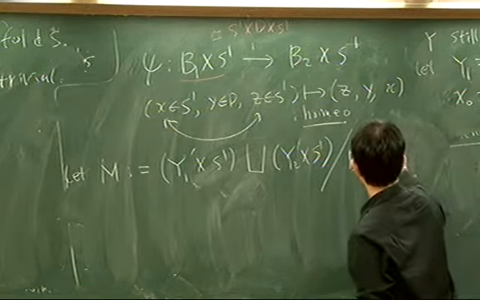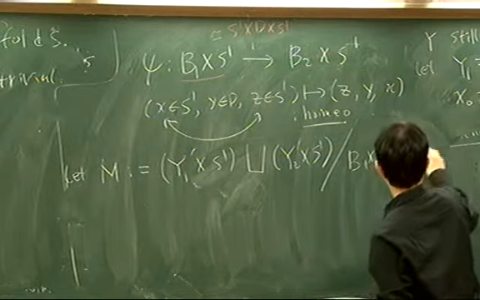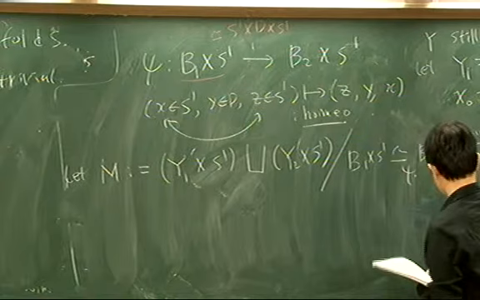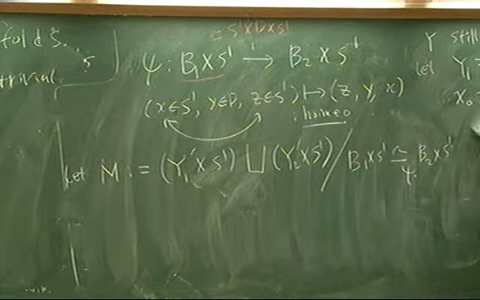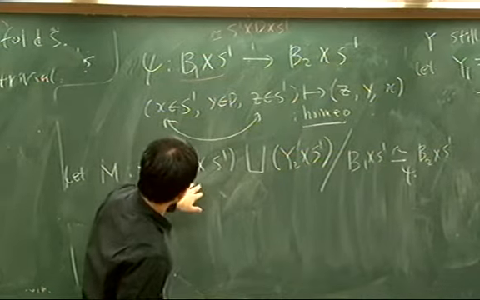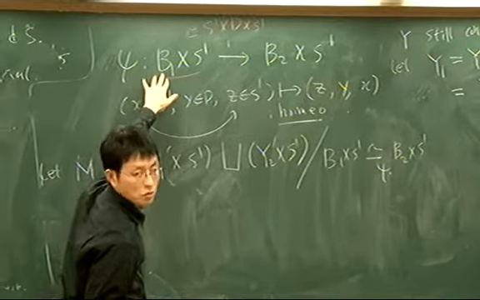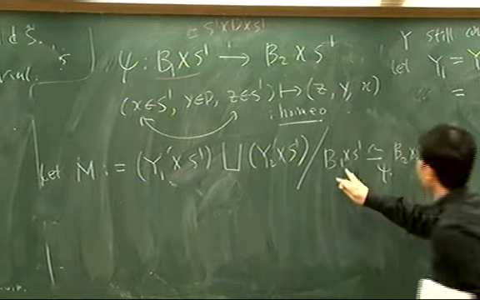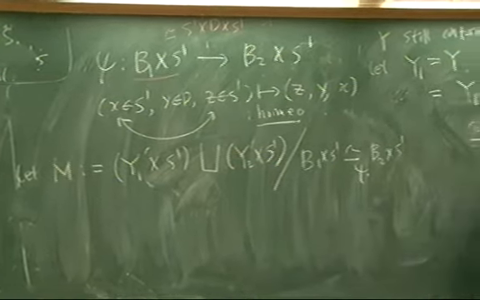B1 times S1, B2 times S1. Okay, so this thing contains this thing as a boundary, and this one contains this thing as a boundary. So I just pasted this one by this homeomorphism.